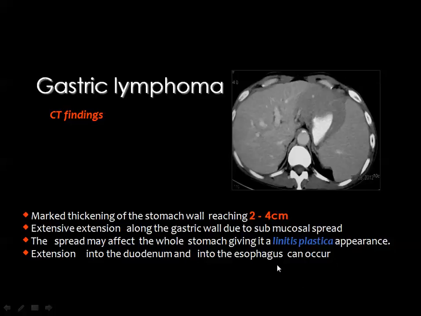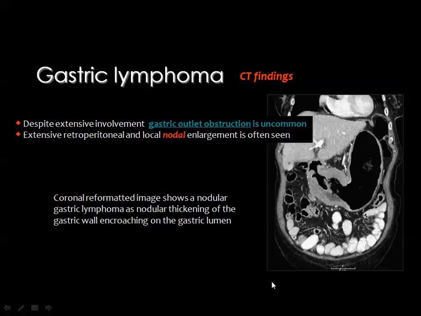And this is an appearance of lymphoma which is not a usual appearance. You see here considerable gastric wall thickening in the pyloric canal. Lymphoma usually presents by diffuse gastric mural thickening encroaching on the lumen.